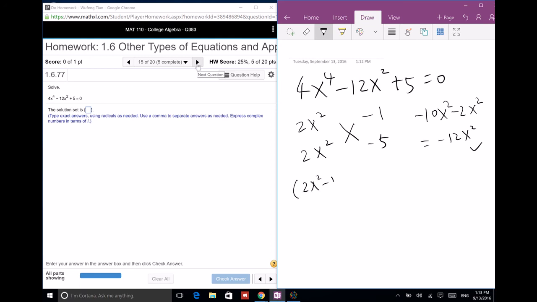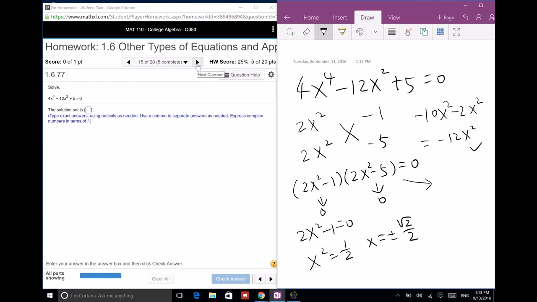So 2x squared minus 1 multiplied by 2x squared minus 5 equals 0. So both of them will equal 0. So this one will equal 0. This one also equals 0. Then the whole equation is 0. So 2x squared minus 1 equals 0. Solve that. x squared equals 1/2. Then x equals positive negative square root of 2 over 2.